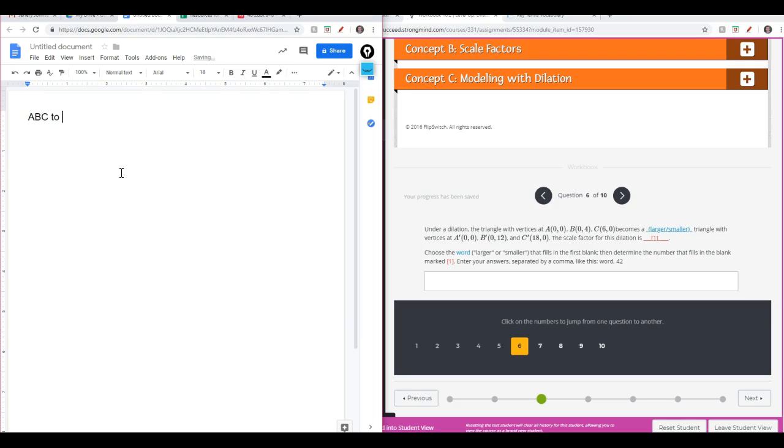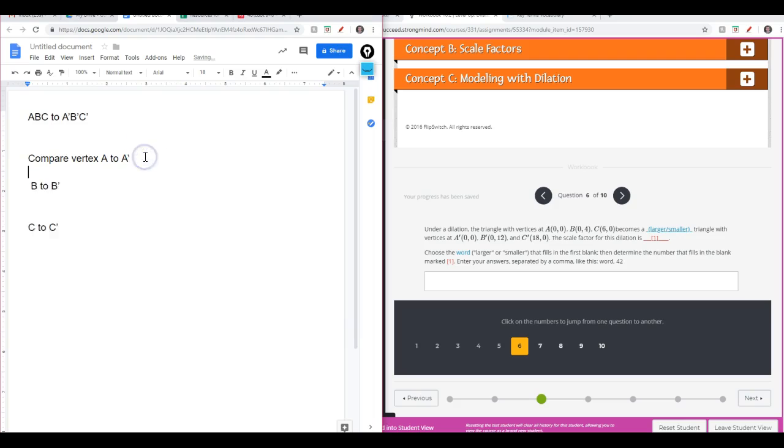Okay, well again we're going from ABC to A prime, B prime, C prime. So again, we're going to compare. Now it's giving us vertices. So we're going to compare vertex A to A prime, B to B prime, and C to C prime.